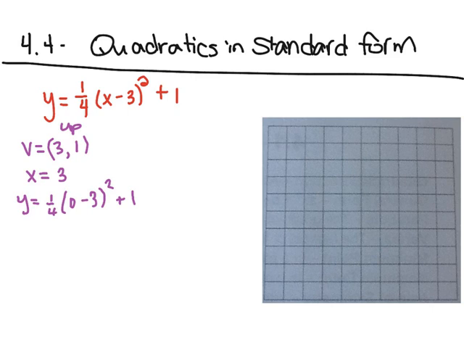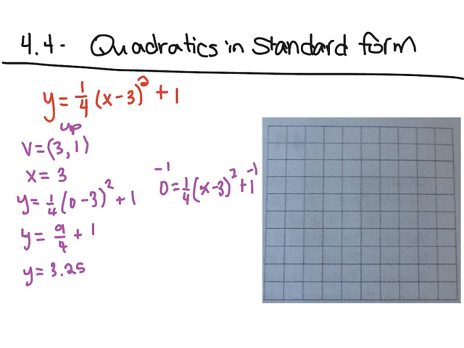So we have y equals 1 over 4 times (0 minus 3) squared plus 1. So that would be 9 times 1 over 4, which is 9 over 4, plus 1. So y equals 3.25.